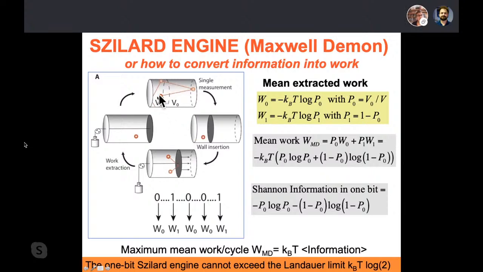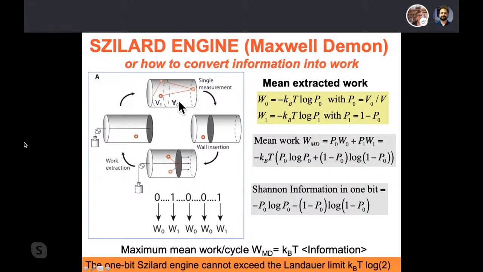The idea is that you see a particle moving in a container of volume V, which is subdivided into parts, V1 and V0. In this case, V1 is smaller than V0, it can be the other way around.